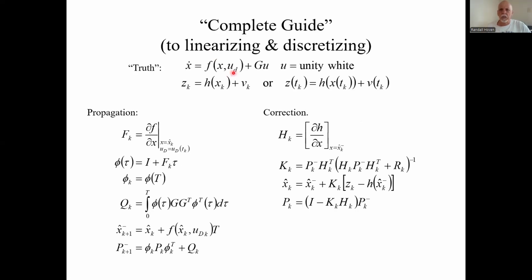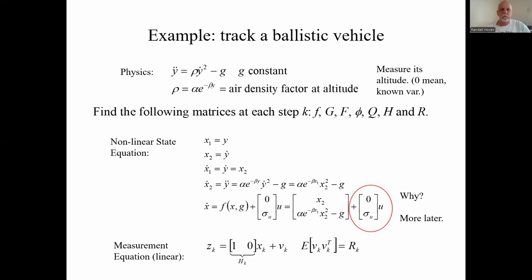This u sub d, by the way, was some non-random known input. In this case, it will be gravity. There's our known input. But here's our little f. In terms, well, not quite. This is a second order equation, so we'll use state space.